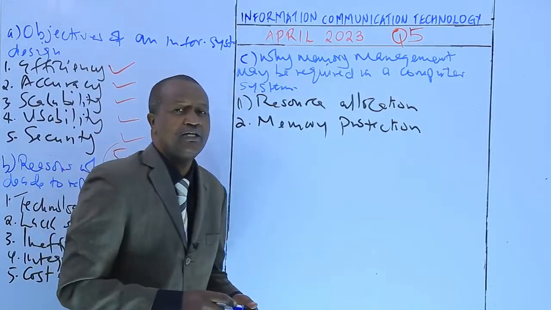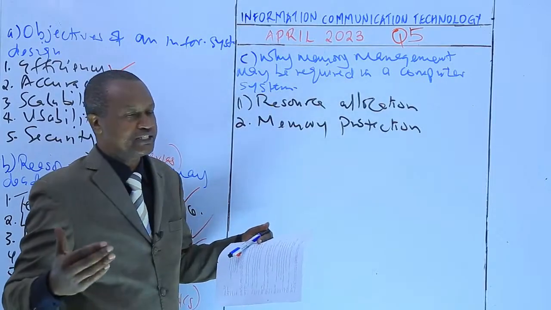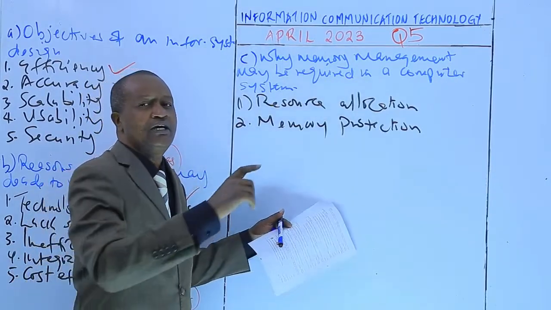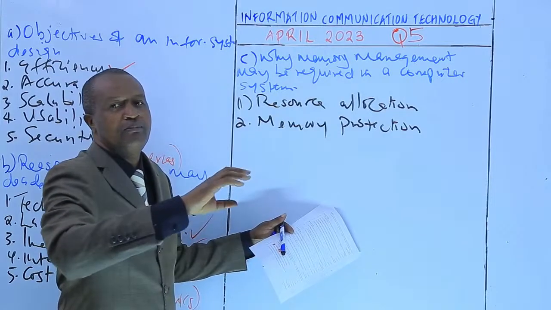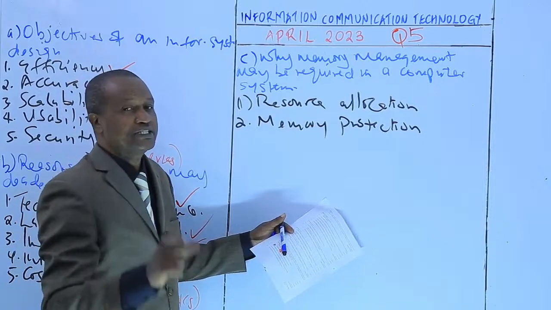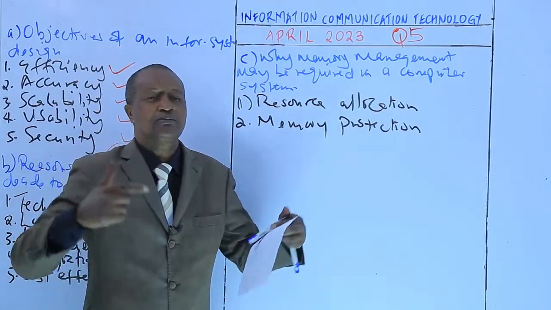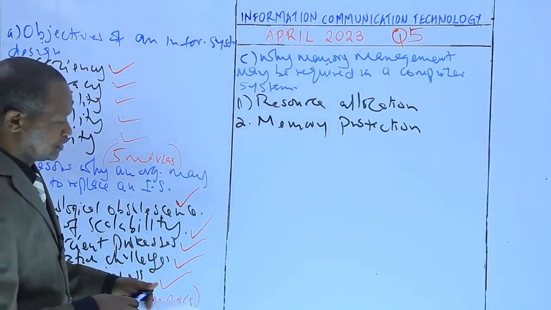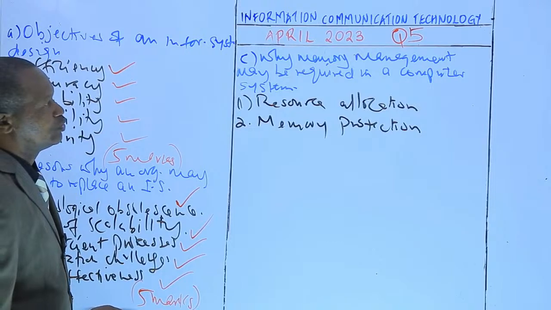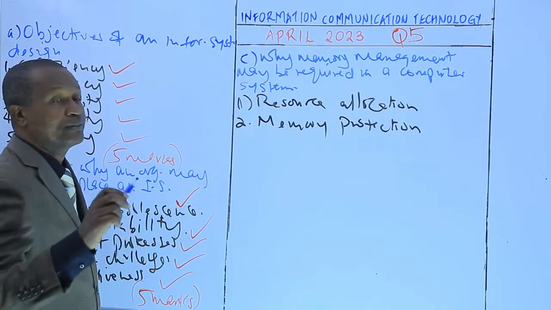Memory management ensures that each program or process operates within its allocated memory space and cannot access memory regions assigned to other programs, and that enhances the security of the system. All right, that is the second reason why memory management may be required in a computer system.